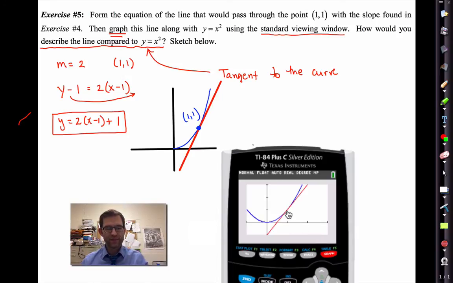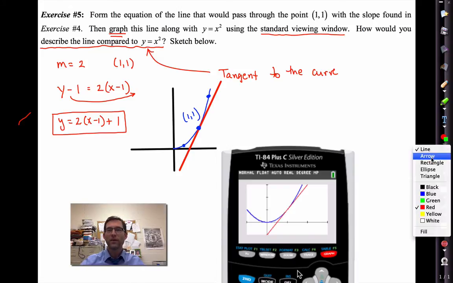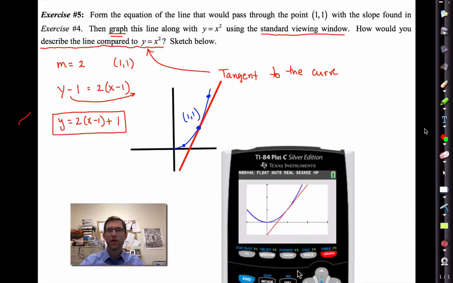Now, let's talk about this a little bit before we get rid of this, because this is important. In fact, this is it. This is the whole thing. This is how we're going to quantify the steepness of the curve. You see, at any given point on the curve, whether it's up here or whether it's down here, there's one and only one tangent line. So, in other words, if I drew the tangent line here, it would look like that.